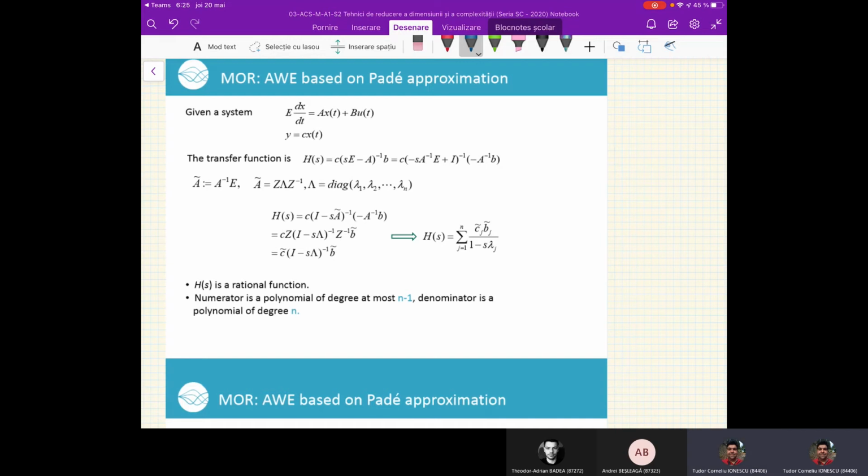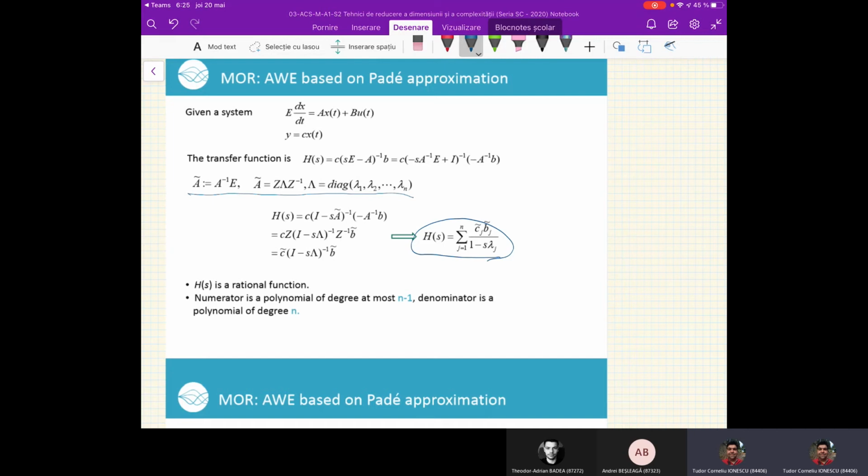So given a dynamical system of this form, you get this transfer function. You can write the transfer function in this form, provided A is invertible, and to get the rational approximation, the Padé approximation, you have to do this procedure. And look, you can write your h of s in this form.